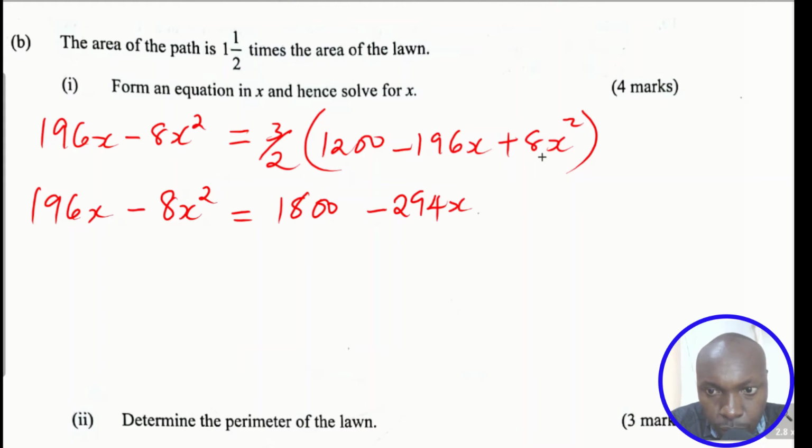Then 3/2 multiplied by 8x squared will give plus 12x squared. So that is what you get.